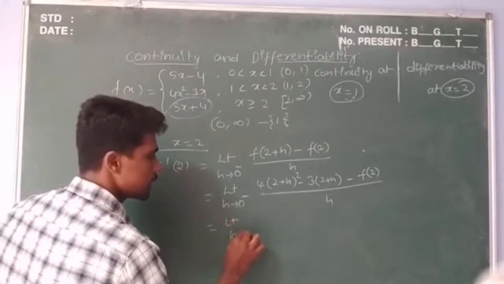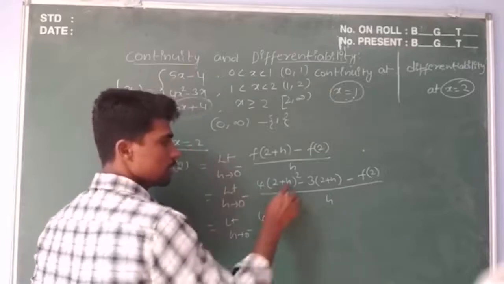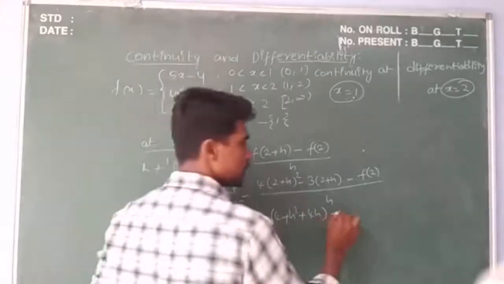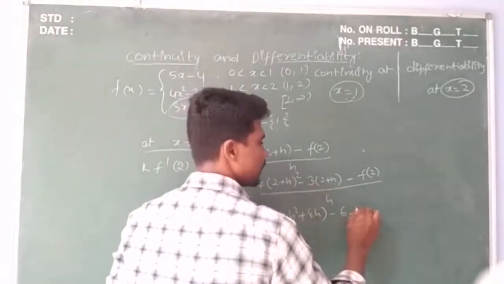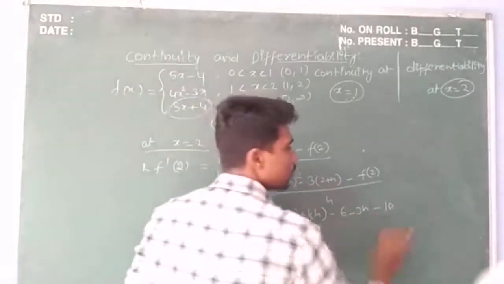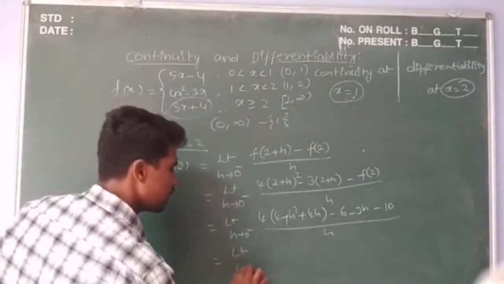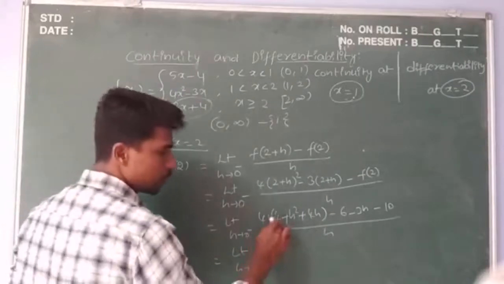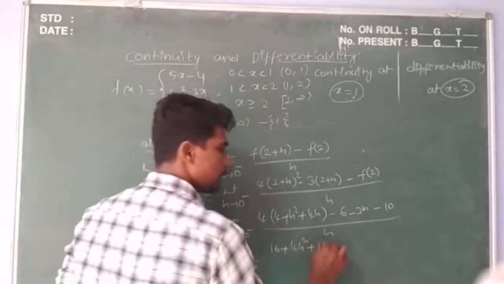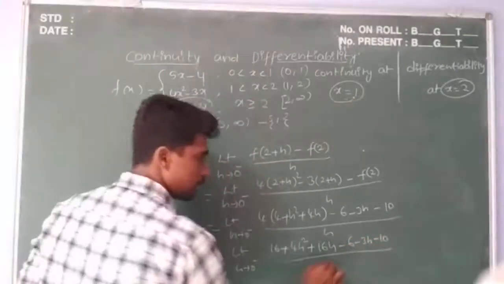So limit h tending to 0 minus 4 into (4 plus h square plus 4h) minus (6 plus 3h) minus f of 2 value. Just now we found f of 2 value is 10, so minus 10, by h. Finally, limit h tending to 0 minus 16 plus 4h square plus 16h minus 6 minus 3h minus 10 by h.